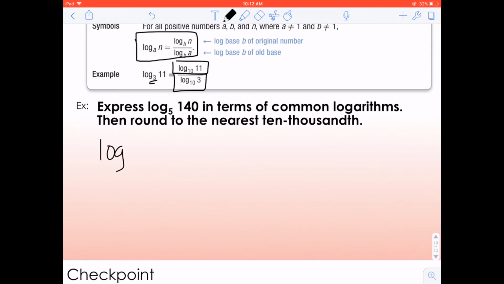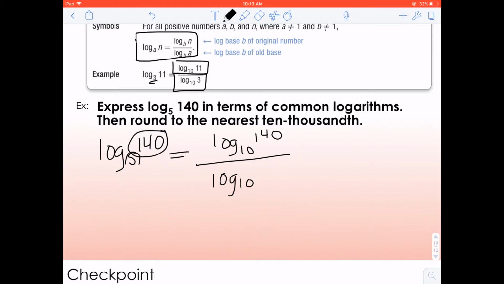So let's try this. We have log base 5 of 140, so I want to rewrite this in common logarithms. So I can write it log base 10 of 140 over log base 10 of whatever my previous base was, 5.